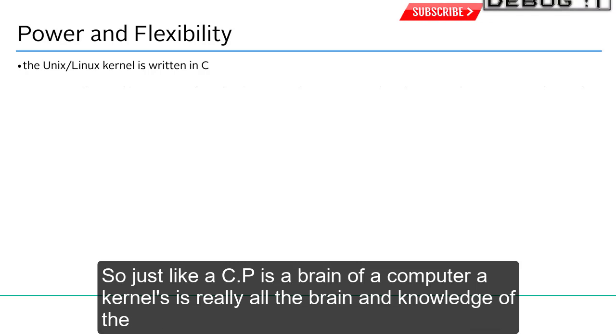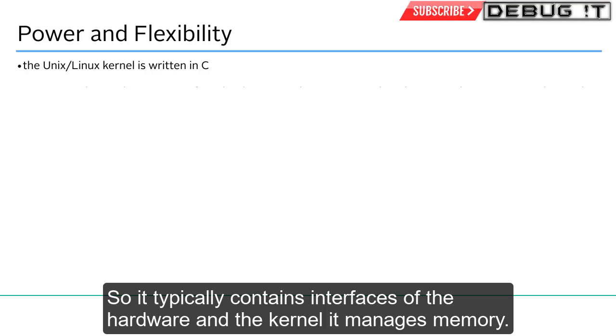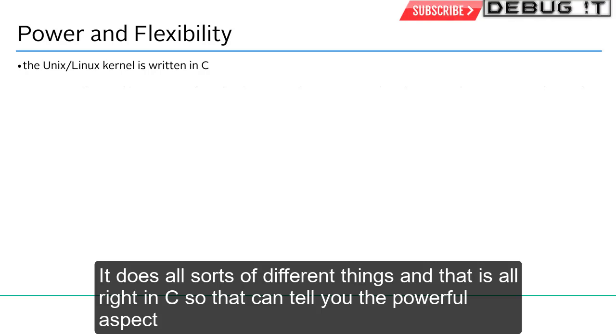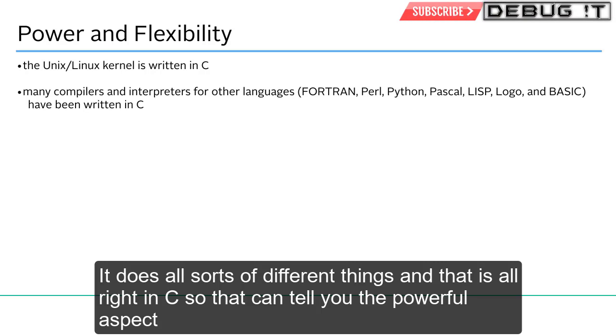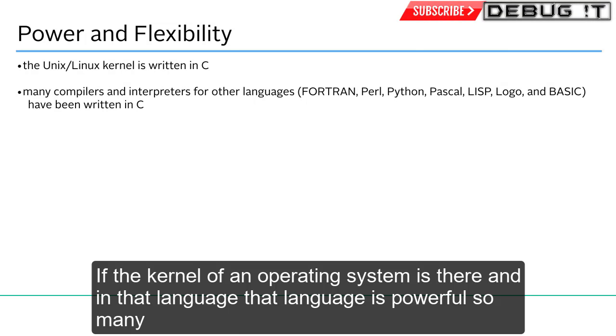Just like a CPU is the brain of a computer, the kernel is where all the knowledge of the operating system goes. It typically contains the interfaces to the hardware, it manages memory, and it does all sorts of different things. And that is all written in C. So that can tell you about the powerful aspect of the language: the kernel of an operating system is written in it.